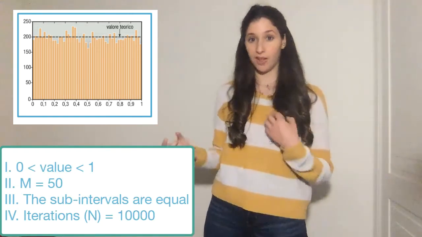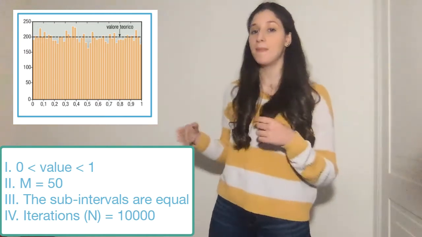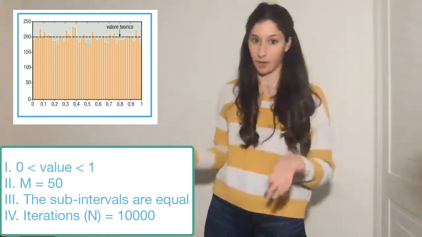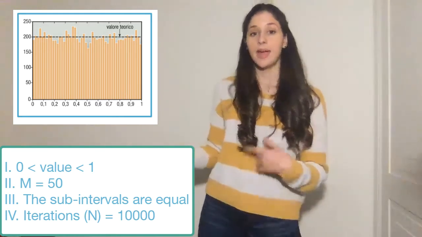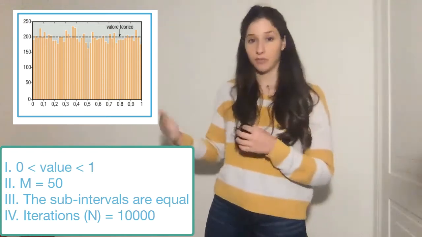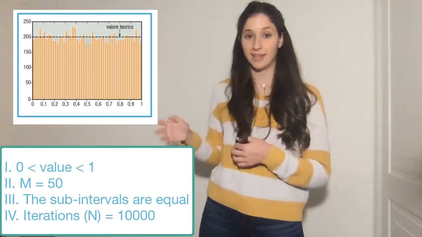Variability interval m equals 50. We have smaller intervals that are all obviously equal, they're all the same. And the number of values that fall in every interval, so with every generation, is equal to 10,000.